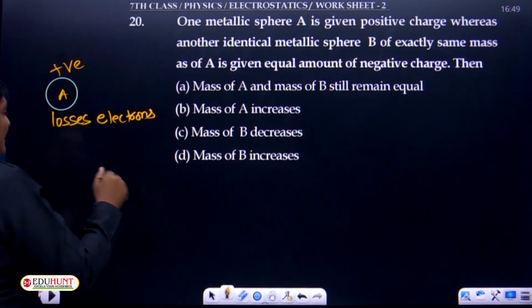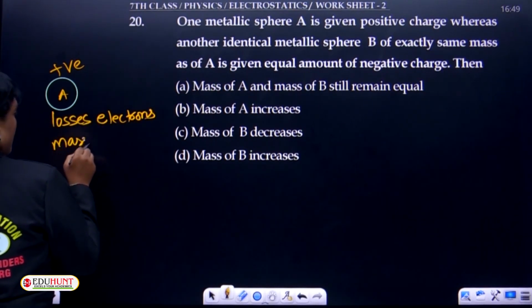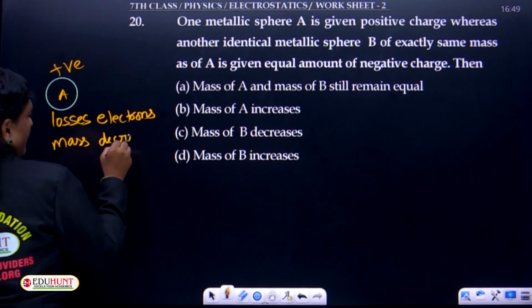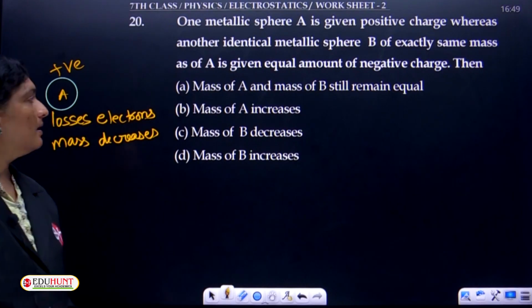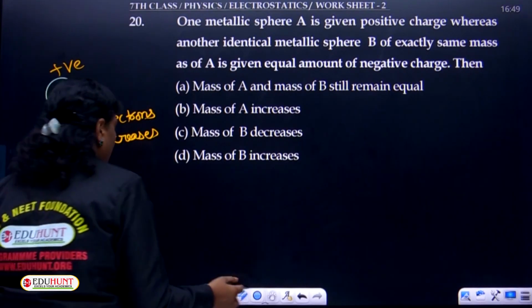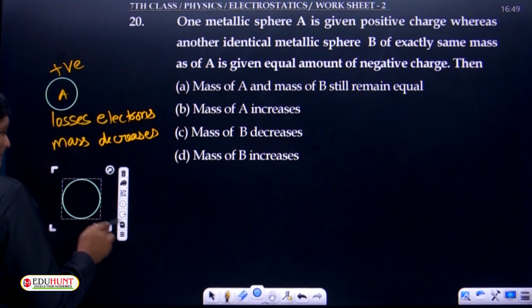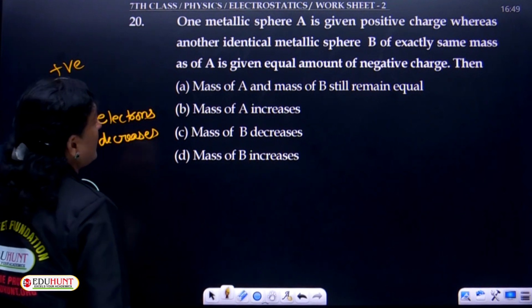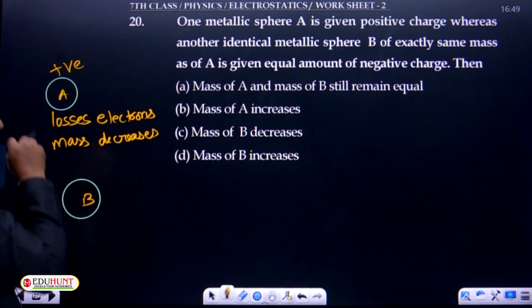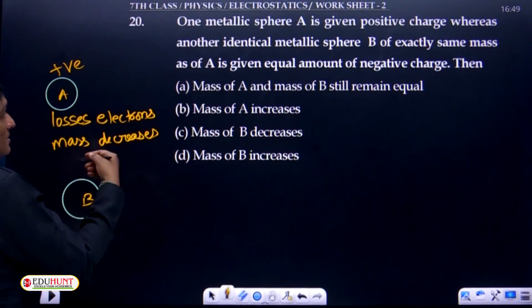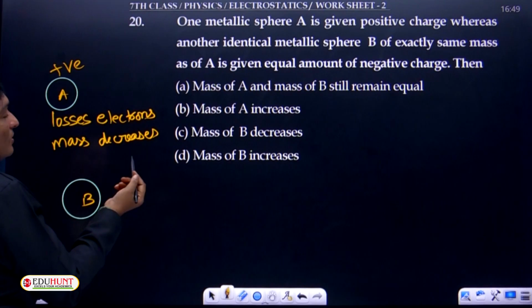By losing the electrons, its mass decreases. Similarly, there was given another conductor, and the name of the conductor is B, and this B, same mass as A, is given equal amount of negative charge.